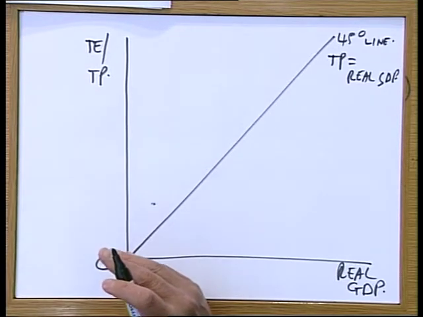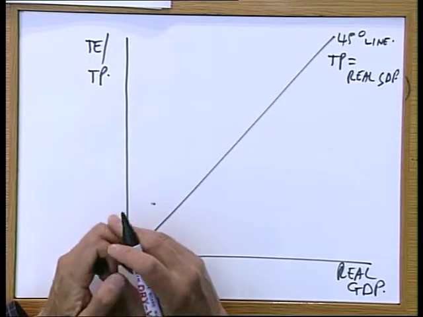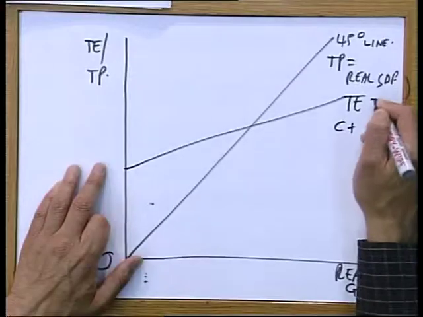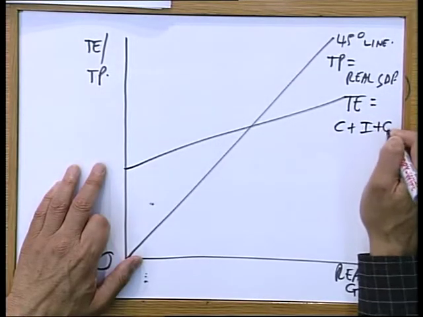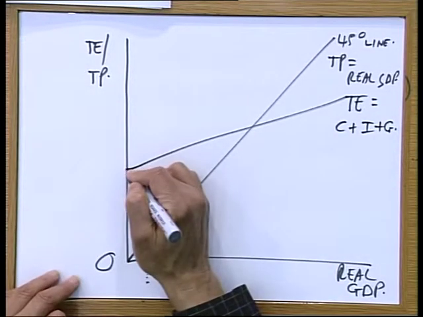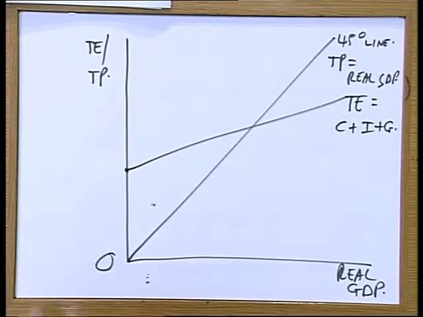Then what you also need to know is that on the horizontal axis, we measure the real GDP. On the vertical axis, the total expenditure and total production. Then we have what we call the total expenditure curve, which we have already derived, which consists of C plus I plus G. Okay, and we know it starts here because of autonomous consumption or spending in the economy.